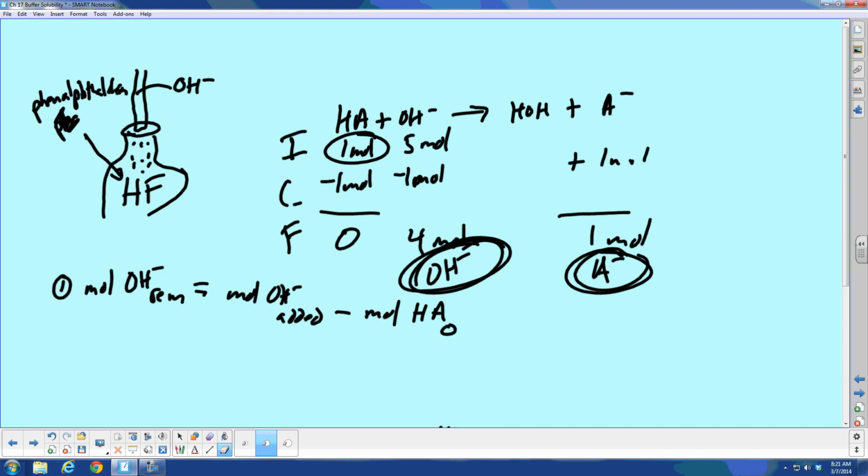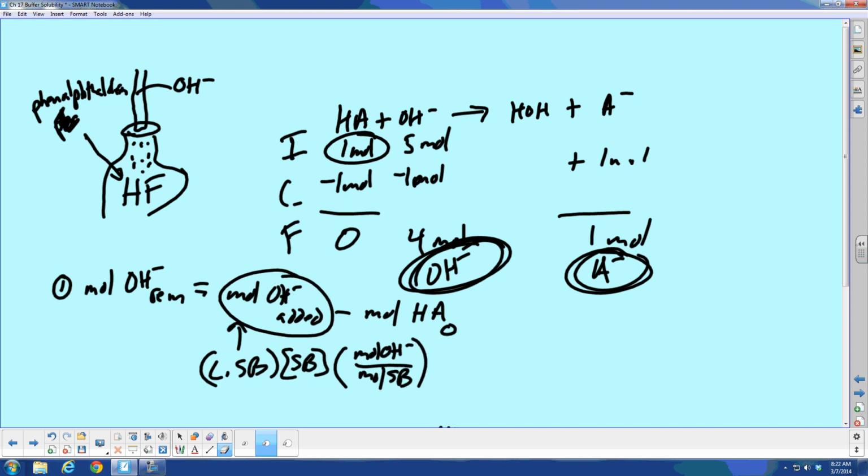Now, how do I get my moles of hydroxide added? Like we've talked about before, this is the liters of my strong base times the concentration of my strong base times the mole ratio between hydroxide and my strong base. That's how we get this value, in case you are a little confused on that.